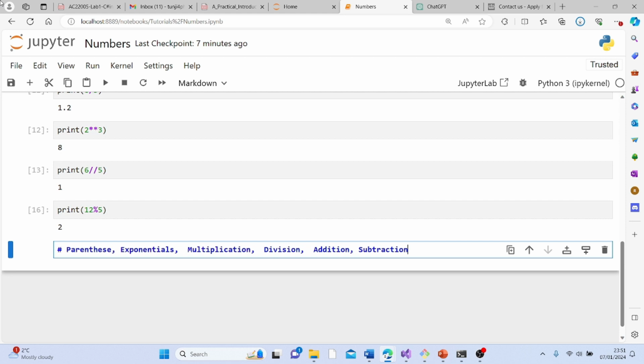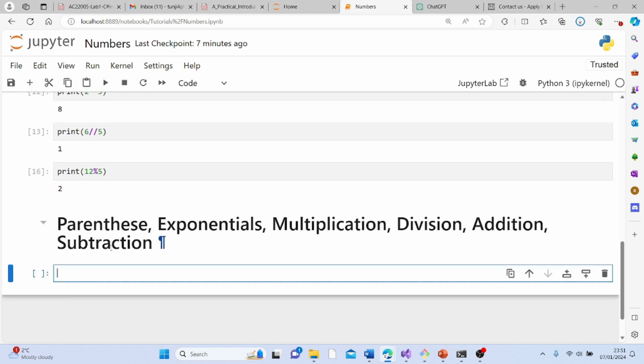And if you have an arithmetic operation that contains all of this, let's say x is equal to 2 raised to power 3 plus 4 divided by 3 plus, in brackets, 6 minus 2. You know that 6 minus 2 will be operated first and will give you 4. Then 2 raised to power 3, which is 8.